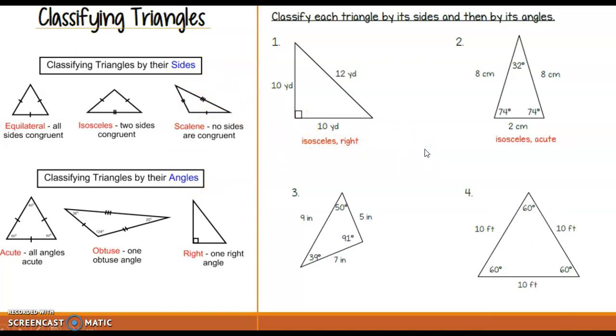The next one is going to be, oops, I shouldn't have done that one yet, sorry. Again, we're going to have two sides that are congruent. That makes two of the angles congruent, by the way. Hopefully you remember that the sides and the angles correspond.